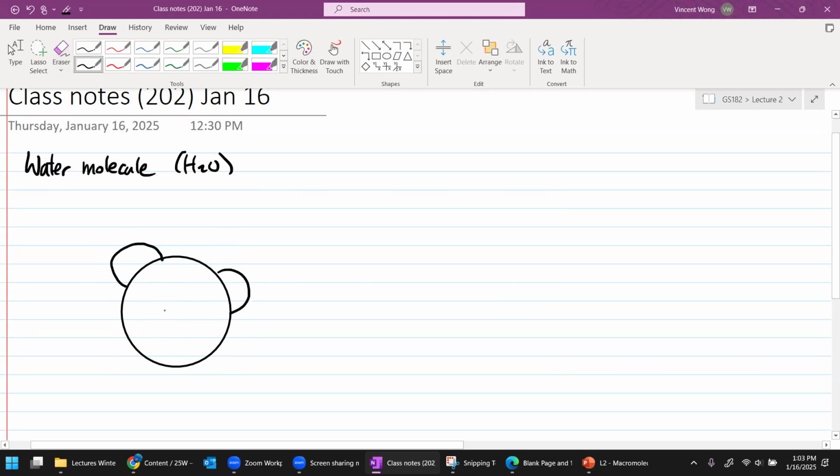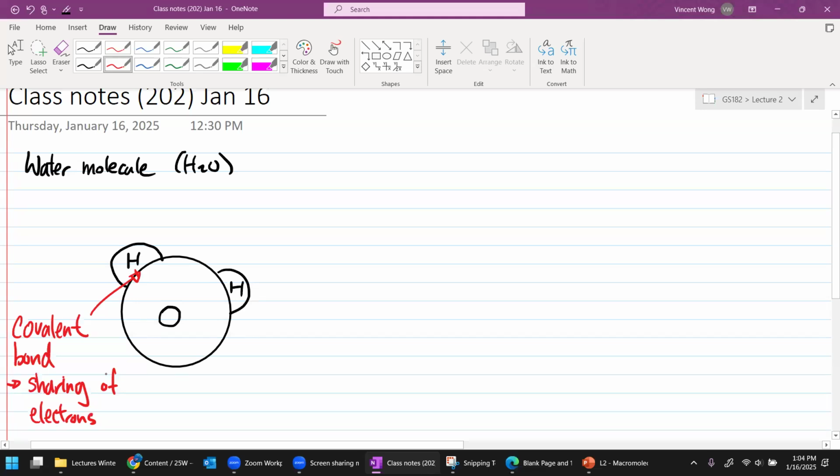The face is the oxygen, and then the ears, they are the hydrogen. This is a water molecule. And the bond that's holding the atoms together, this bond right here, that is a covalent bond.